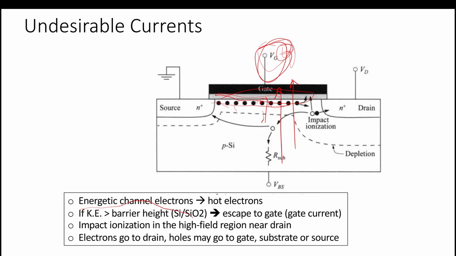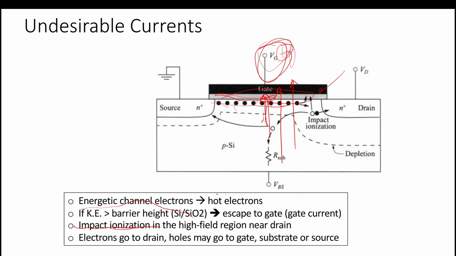Because of this field, the electrons can go into the oxide layer. If they go into the oxide layer, impact ionization can happen, and because of that they can trap charge.